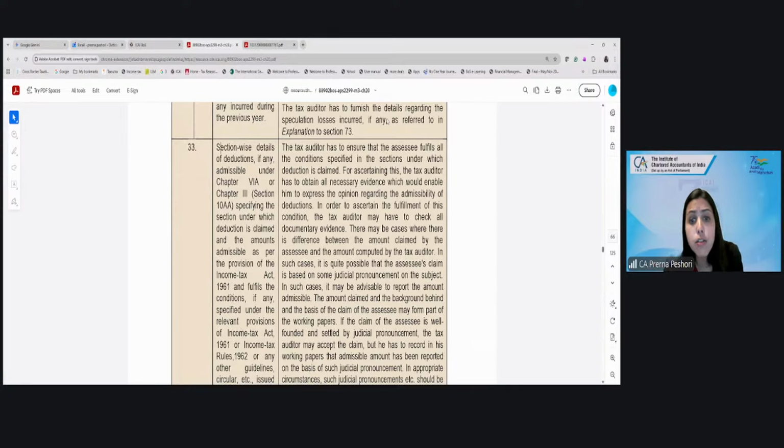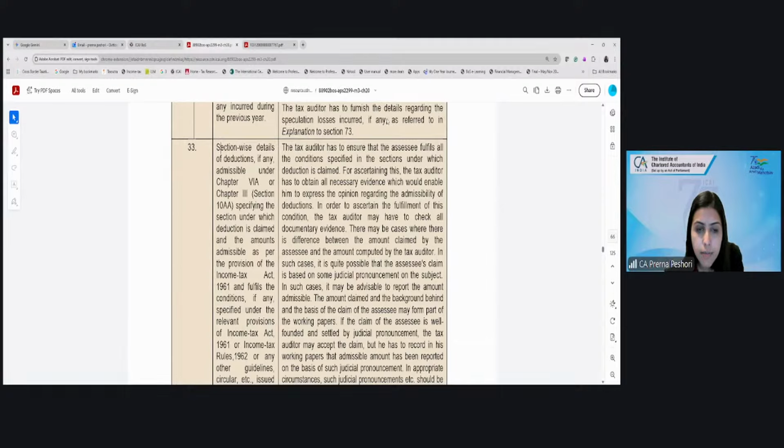So the tax auditor needs to refer to those audit reports. He should refer to the figures given in those audit reports, using the work of another auditor, SA 600. Right? So basis the certificate issued by the chartered accountant for 10AA and for these audit reports under 80IA, 80IB, you need to take that into consideration for this particular reporting under clause 33.